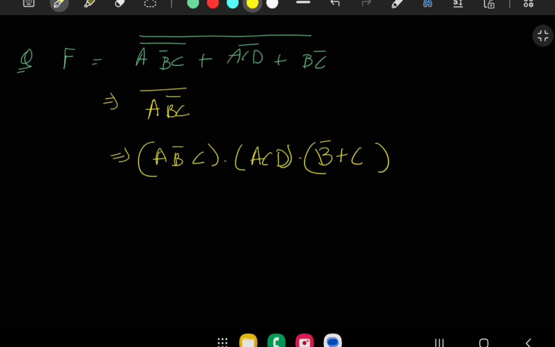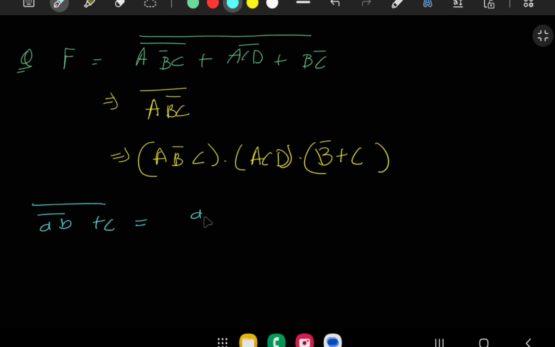For example, if you have (a b bar plus c) whole bar, so what will it become? Just apply De Morgan. Don't do any kind of simplification. This is your alpha. Think of it as alpha.